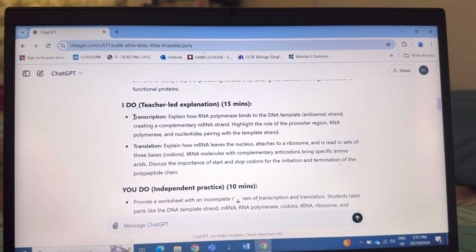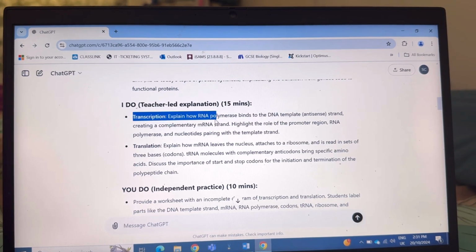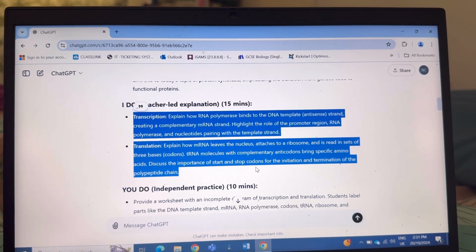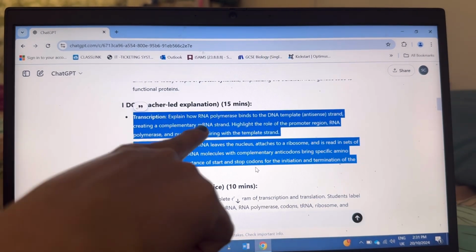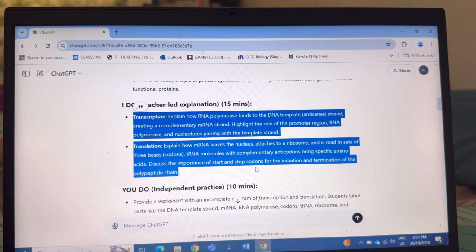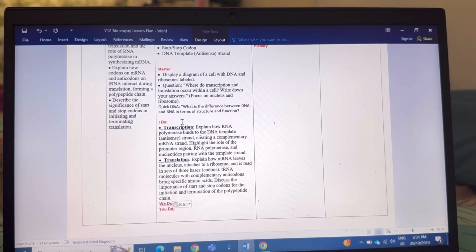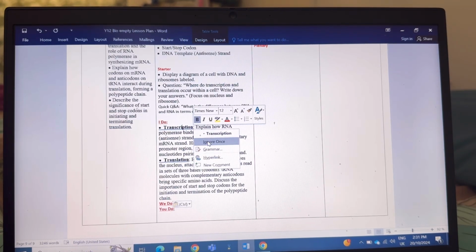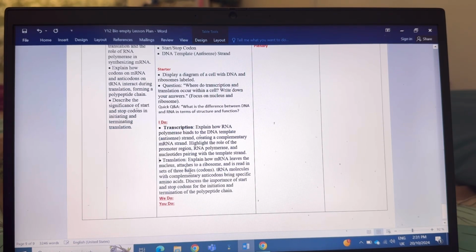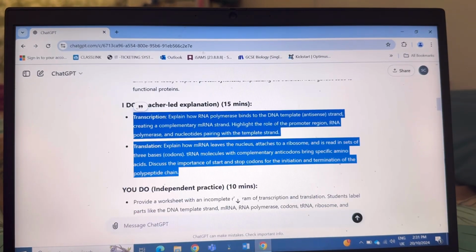Now let's copy from here. Teacher explanation. It says how to explain these two main important keywords. Now this also depends upon me. I'll see how I can explain, or I'll add into this when I actually teach this topic.